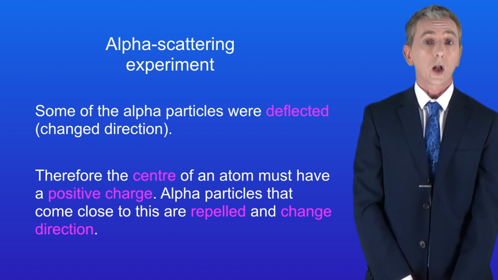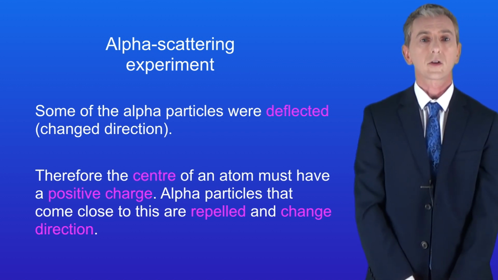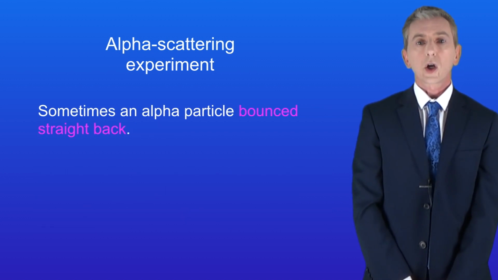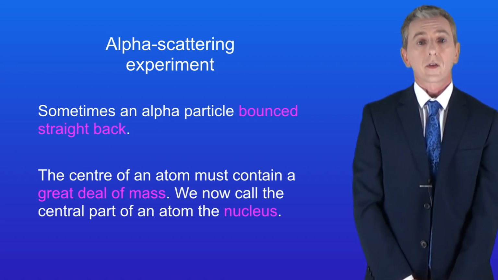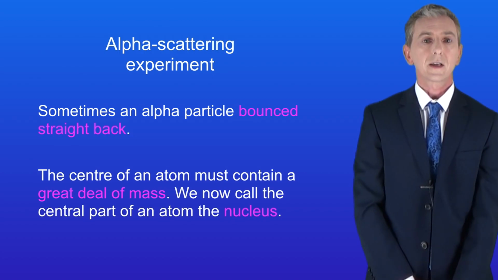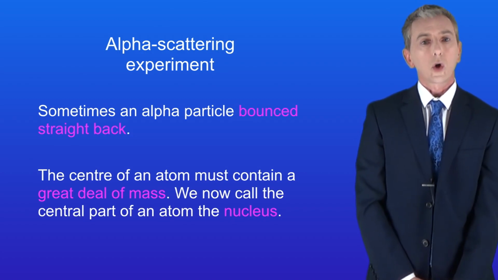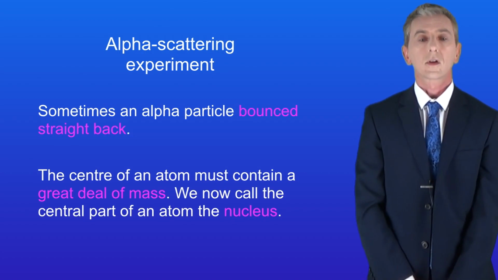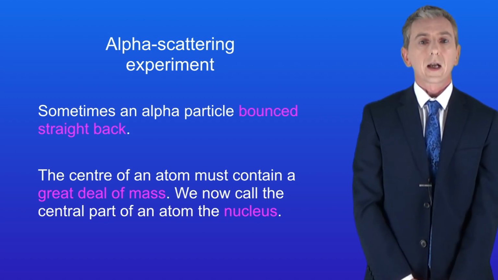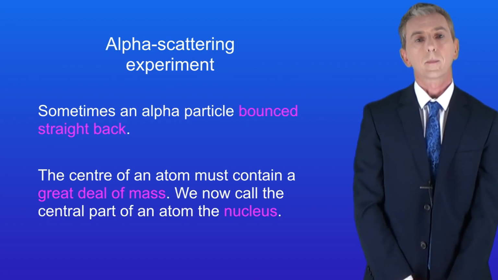Alpha particles that come close to this are repelled and they change direction. And finally, because alpha particles sometimes bounce straight back, that told the scientists that the centre of the atom must contain a great deal of mass. We now call the central part of an atom the nucleus. When an alpha particle collides directly with the nucleus, it simply bounces back in the original direction.